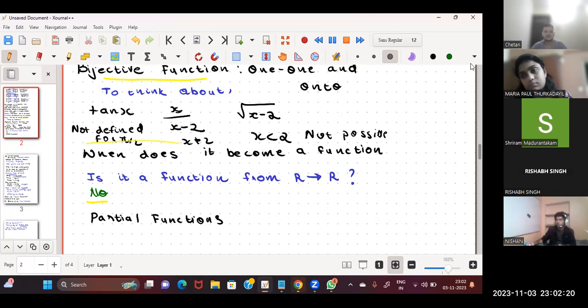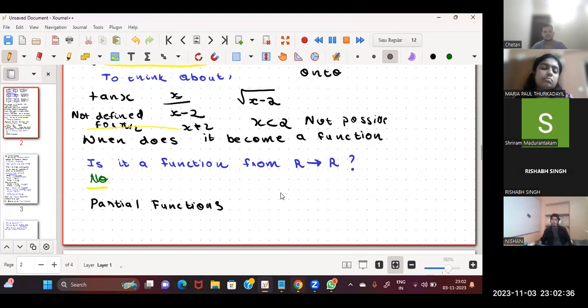These belong to a separate class, which we call partial functions. Partial functions are functions which are not defined for all the inputs. Functions are relations which are defined for each and every input that you give them, but partial functions are not defined for all the inputs in the domain.